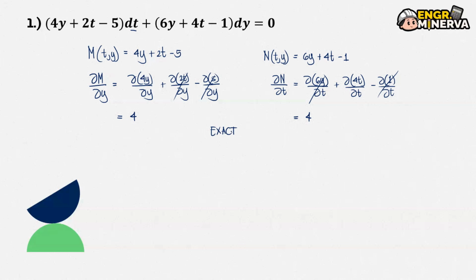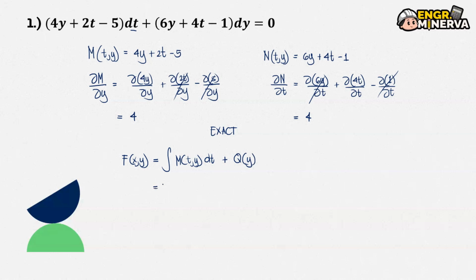So since this differential equation is exact, we will now solve for our solution, a function of x and y. That would be the integral of our M as a function of t and y dt, plus a function of y.